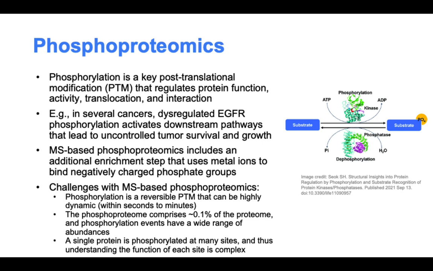This dysregulated autophosphorylation of EGFR, across many cancers, is a driver for the downstream pathways that lead to uncontrolled tumor growth and survival. So phosphorylation as a signaling mechanism tells us a lot about how these proteins are communicating and interacting with each other.